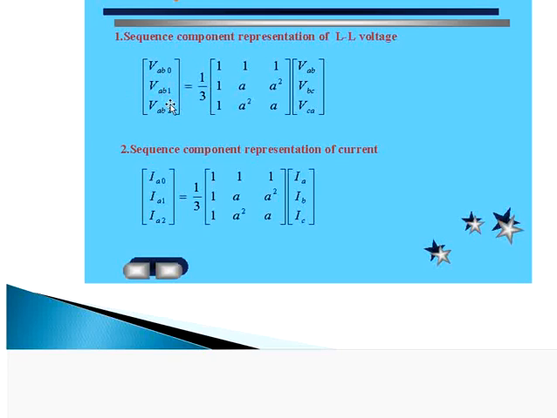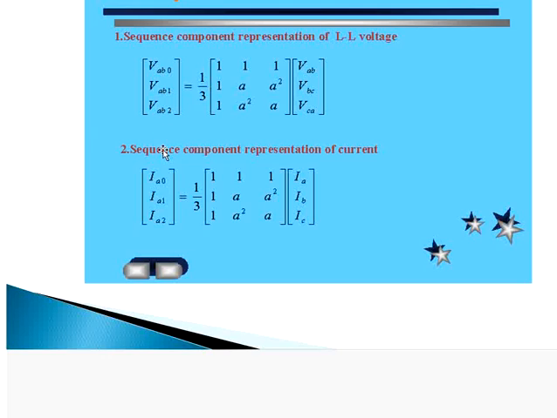VAB1 means it is the positive sequence component of the line to line voltage of AB, that means R and Y. Here also the same, it is the negative sequence component, where VAB, VBC and VCA are my line to line voltages. That we will see later.